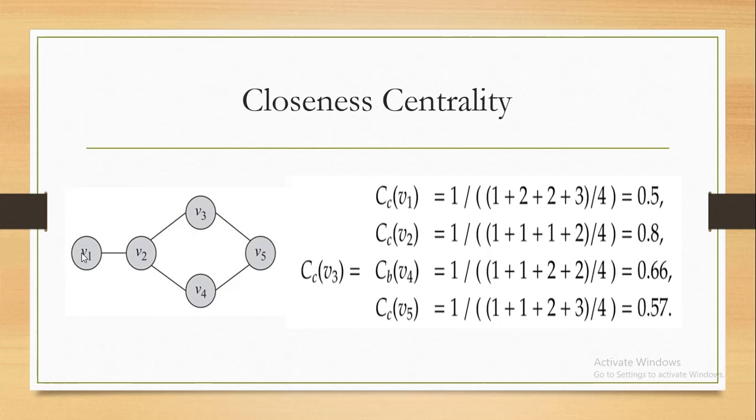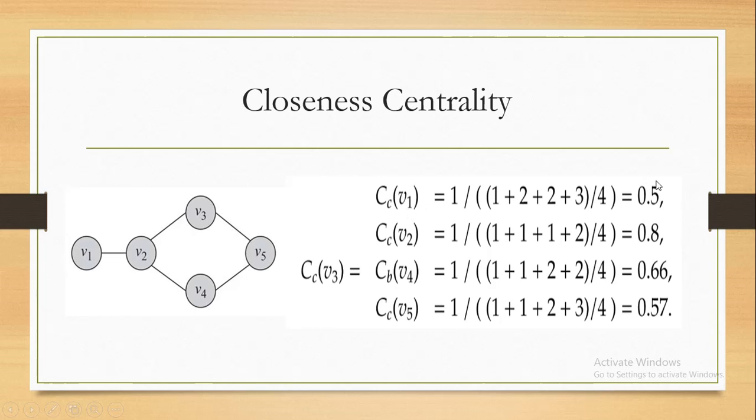The distance from V1 to V2 is 1, V1 to V3 is 2, V1 to V4 is again 2, and V1 to V5 is 3. We will be considering the shortest distance only. Then we divide it by 4 because we have considered 4 nodes, and this whole is then divided by 1. So we get a closeness centrality of V1 as 0.5.